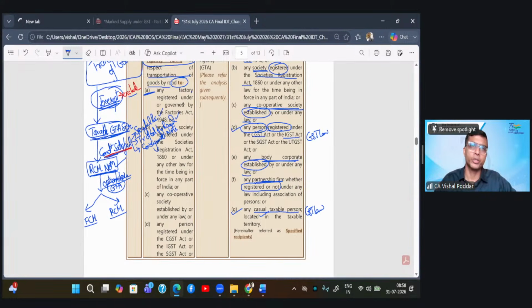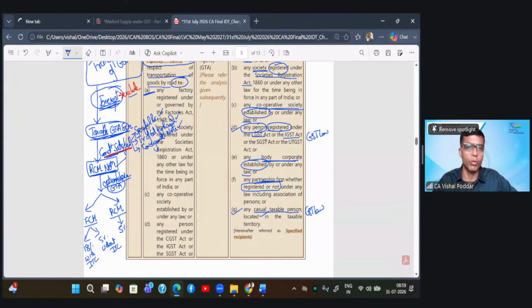Is your transportation of goods by road? Are you issuing a consignment note? If all these conditions are satisfied, then you fit in this RCM notification, but again, the notification gives you a choice. Within the choice, you have two rates: 18% with ITC, 5% without ITC. And if you're in RCM, there is only one rate, which is 5%.